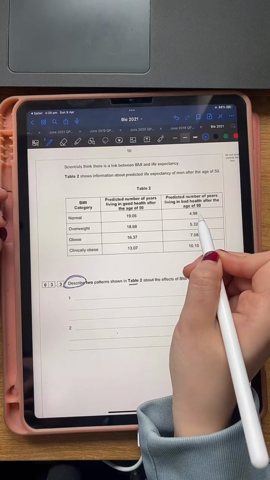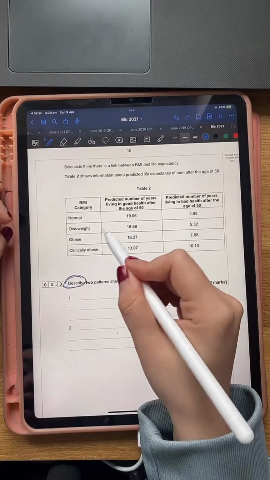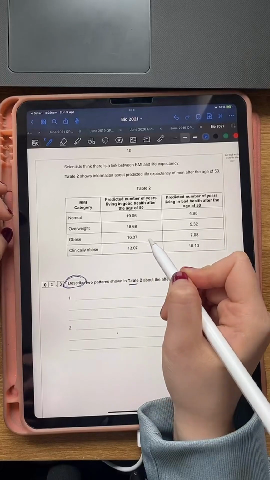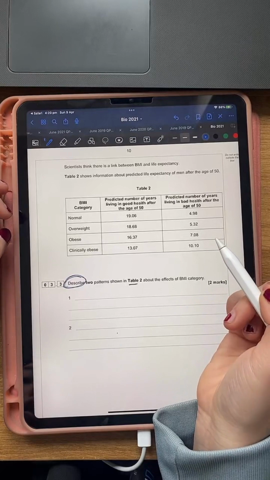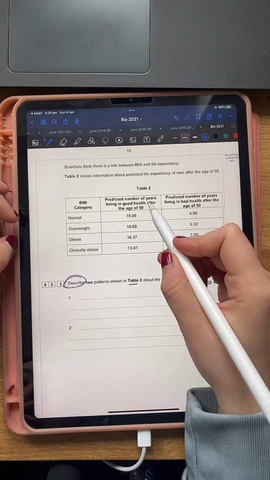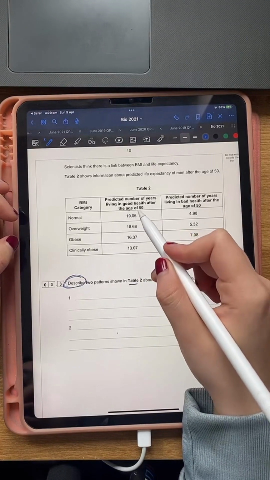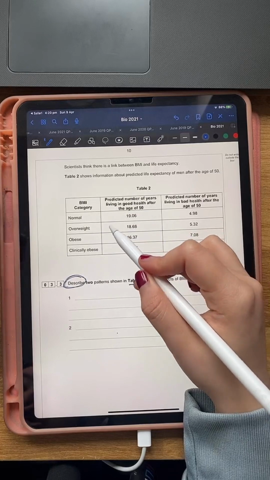Okay. So overall, we can see that living in good health after the age of 50, for the normal, it's much higher than the rest of them, as compared to if you're overweight, obese, or clinically obese.